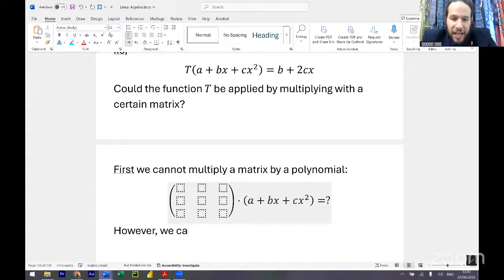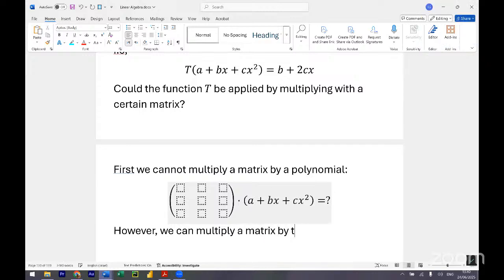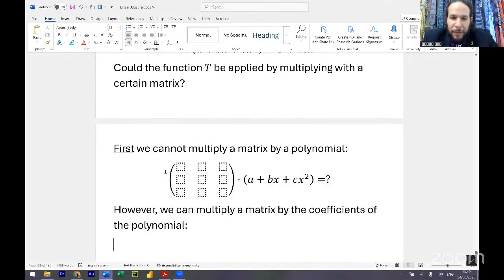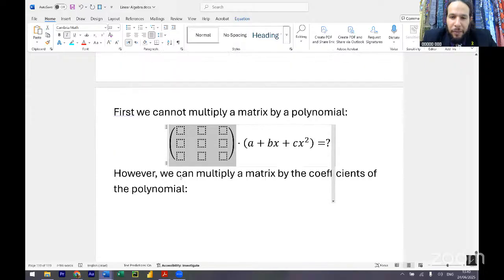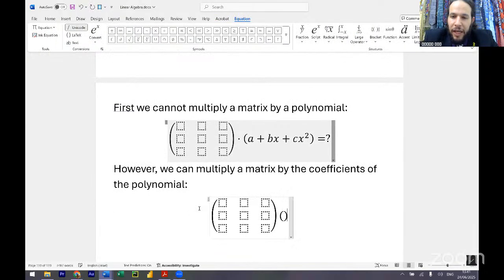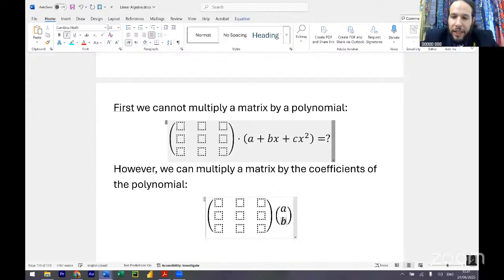We can multiply a matrix by the coefficients of the polynomial. Meaning I can take a matrix and multiply it, like Thomas said exactly, by the A, B, C. Agreed?